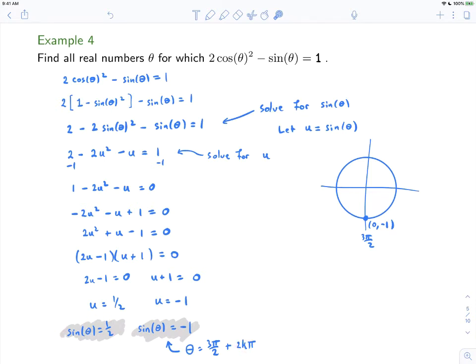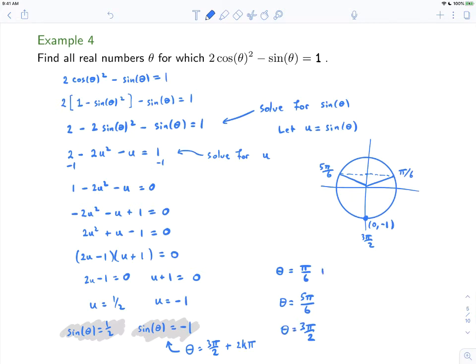What about sine of theta equals 1/2? Again, we're looking at the y-coordinate. So we want the y-coordinate to be 1/2. That gives us something like this. This angle is pi over 6, and this angle is 5 pi over 6. So what that tells us is that our angles are pi over 6 and 5 pi over 6, and of course 3 pi over 2.